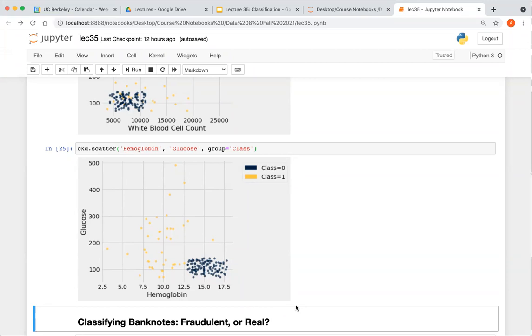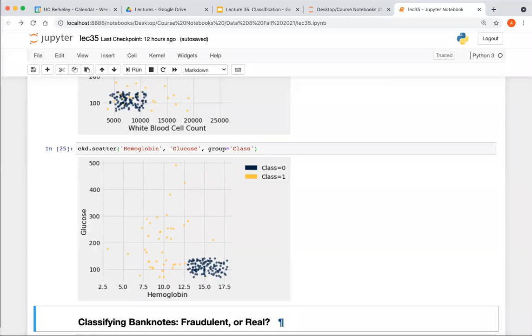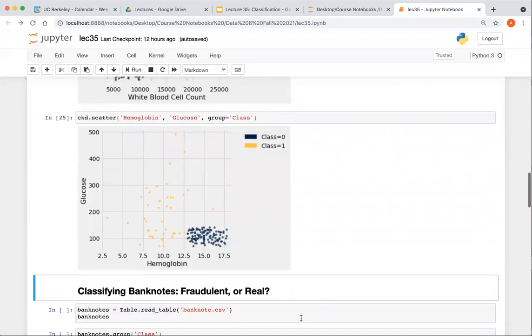Okay, so now what I'd like to do is start thinking like a machine. Here we have all of these data, and we kind of understand hemoglobin, glucose, it's in the blood. Now we are going to think like a machine. The machine just sees the numbers. The machine doesn't actually understand what the variables mean. And so we also are not going to understand what the variables mean.